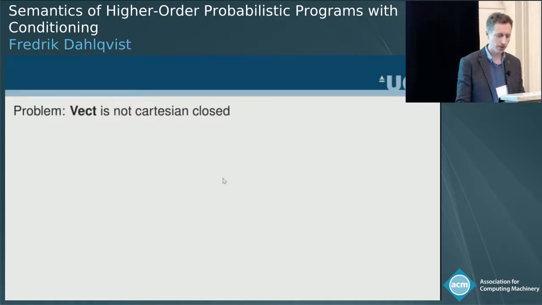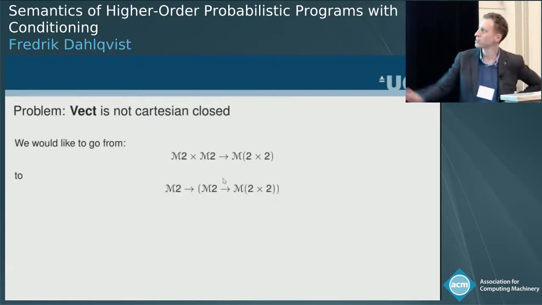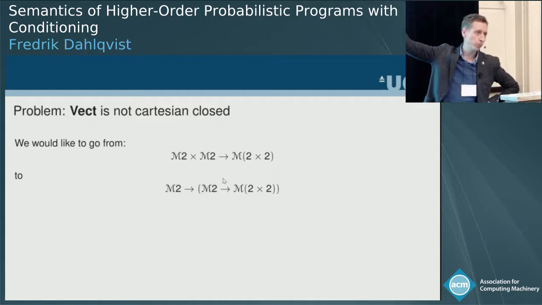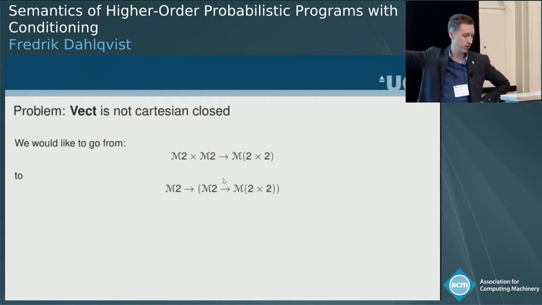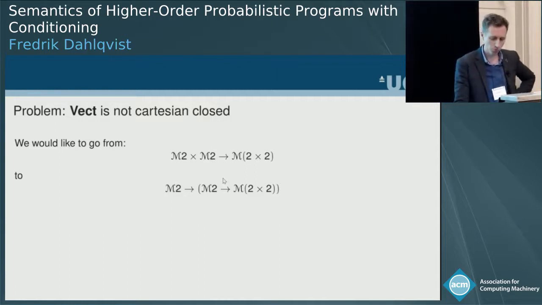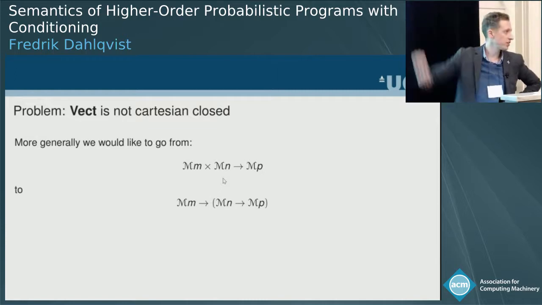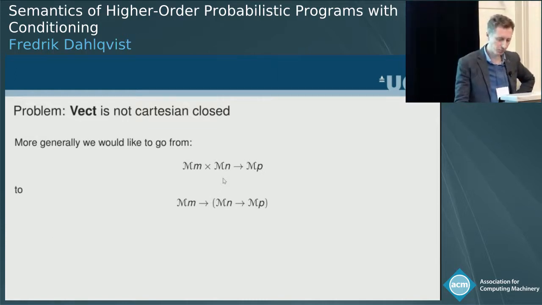Now, because I want to work with linear operators, I'm faced with this problem that the category of vector spaces is not Cartesian closed. I would like to go from the top picture of the adder to the bottom picture. And more generally, I want to curry in this way. Okay? Unfortunately, there are two problems.